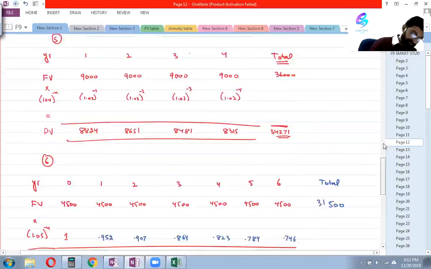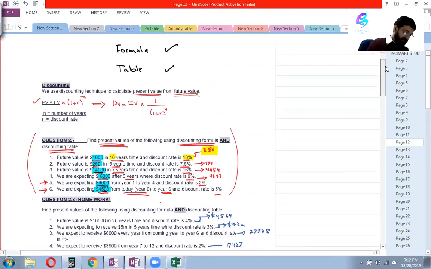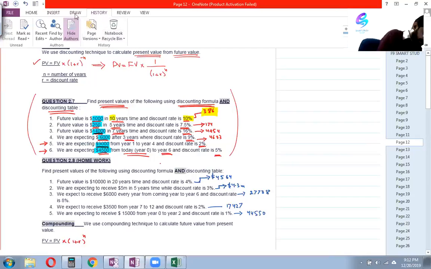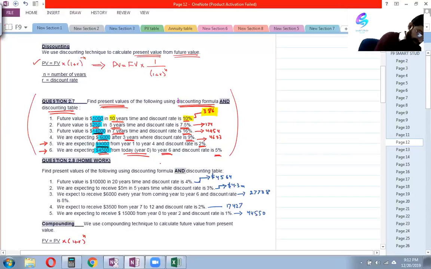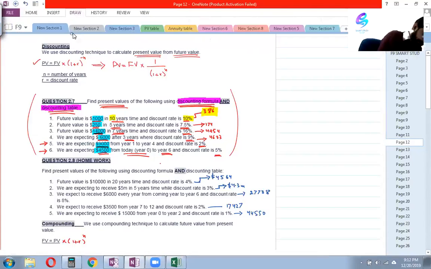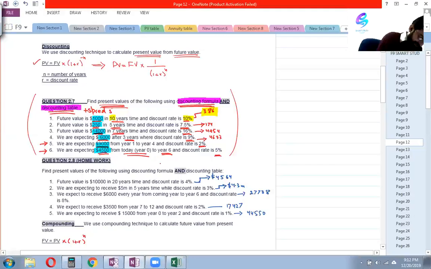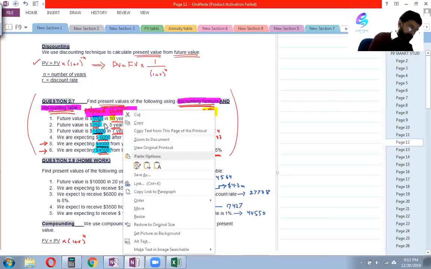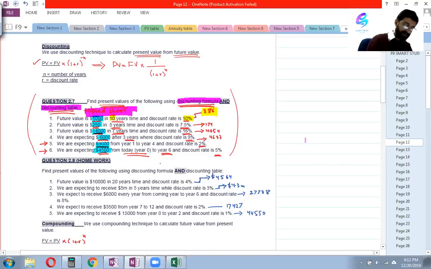So you do all the calculation in discounting and compounding using the formula, using your table, and using your spreadsheet, right?